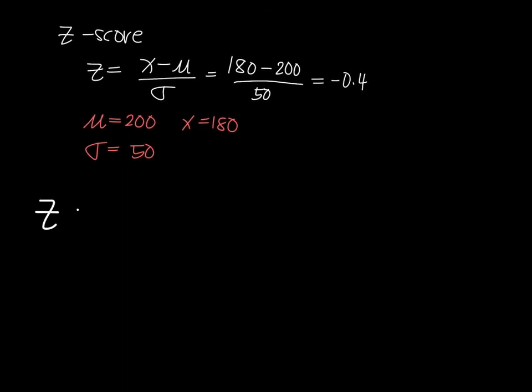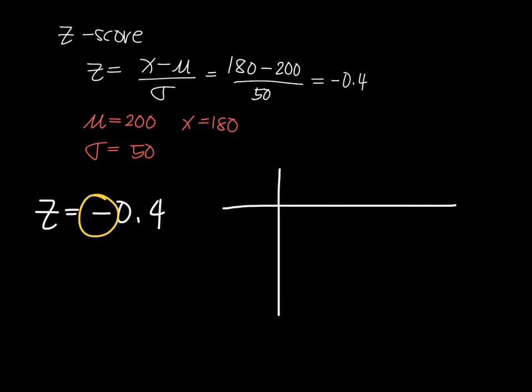Once you have the z, so z now is equal to negative 0.4, you need to find the corresponding probability under the z table. So in the z table, make sure you have a copy of the z table. You have to select the one that is the negative version. To locate the corresponding probability, you need to find where 0.4 is in the first column, and then since there is no added number here, it means it's 0.